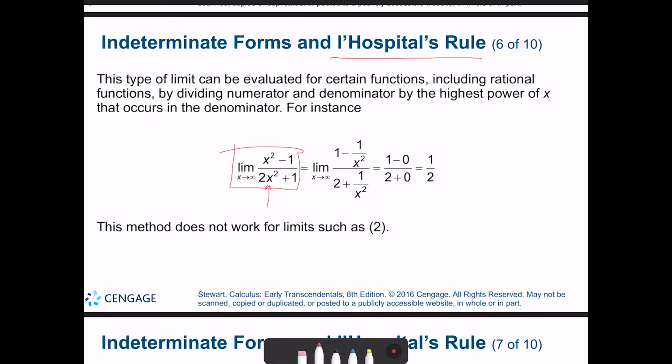So x squared is the largest exponent in the denominator. So we're dividing all terms, this one and this one and this one and this one, by x squared, which results in this equation. This equation we can evaluate by sort of direct substitution. The infinity appearing squared in the denominator here takes that fraction to 0. This is the same fraction going to 0, so we can simmer this down to a value of 1/2.